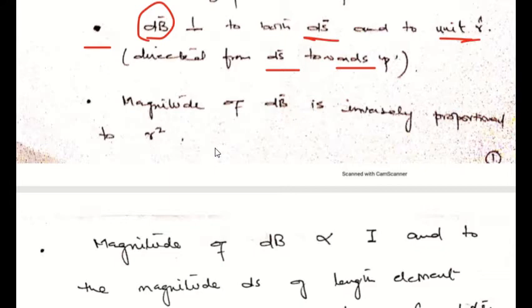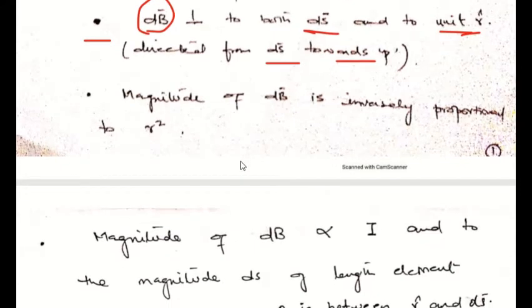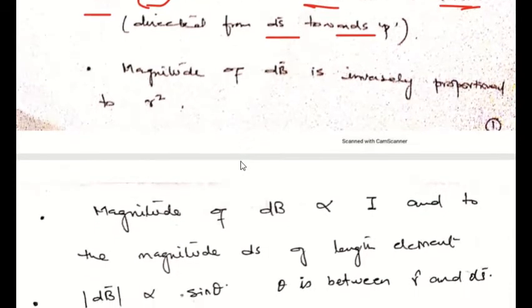So obviously, if we move away from the current-carrying conductor and suppose we move to a distance of infinity, then dB will be equal to 0, because as we increase the distance, the effect of the current-carrying conductor producing a magnetic field in its vicinity will decrease. So with distance, dB will decrease and eventually die.